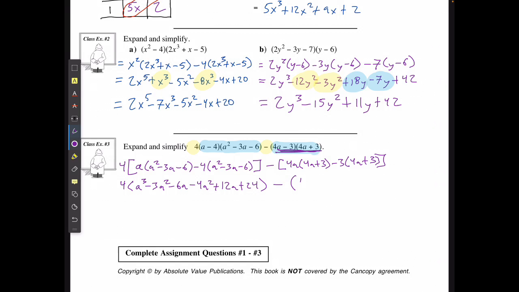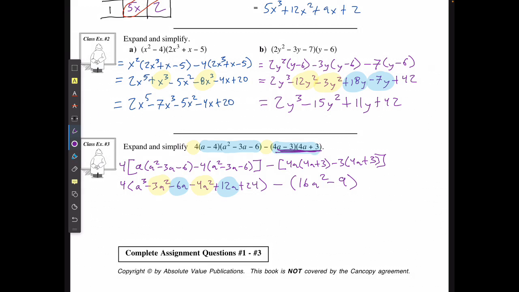And this is going to give me 16a squareds minus 9. Now, if you want, you can combine the like terms in here before you multiply by 4. Or you can just multiply by 4 and combine all the like terms at the end. There is no right or wrong way to do that.